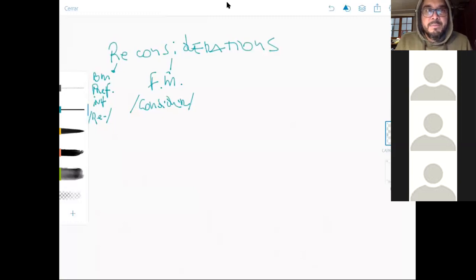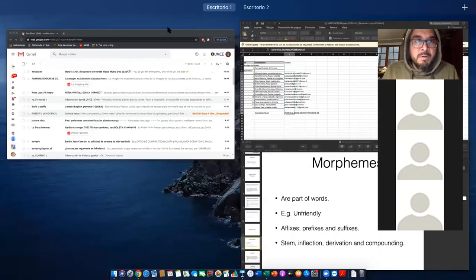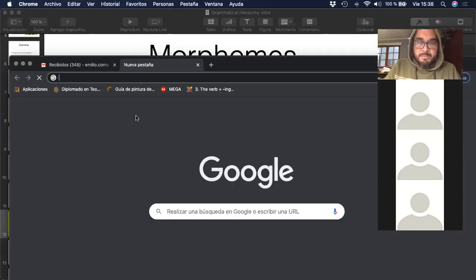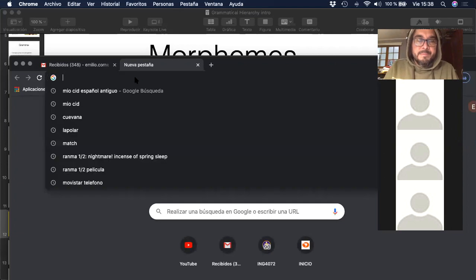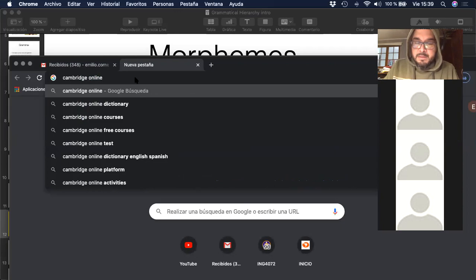Vamos a verlo. Estoy compartiendo mi pantalla y ahora vamos a nuestro mejor amigo que va a ser Cambridge Online Dictionary.